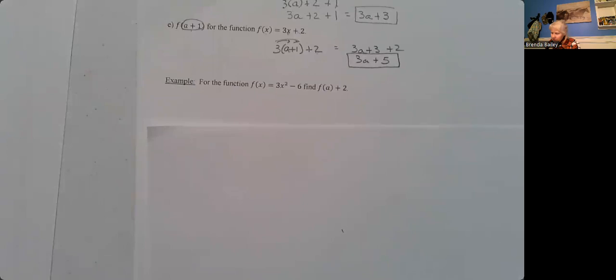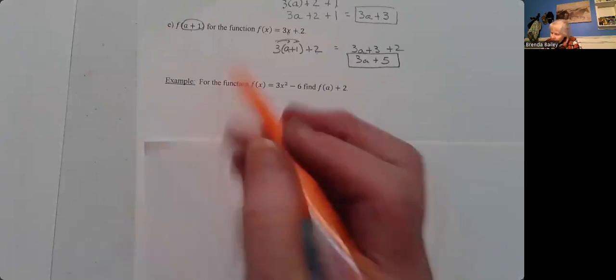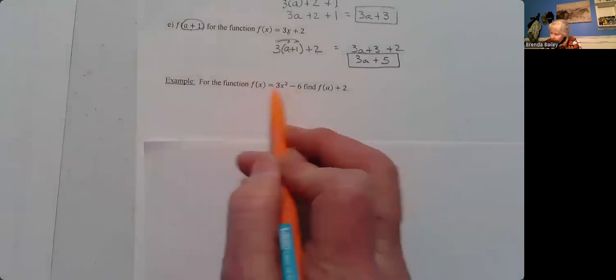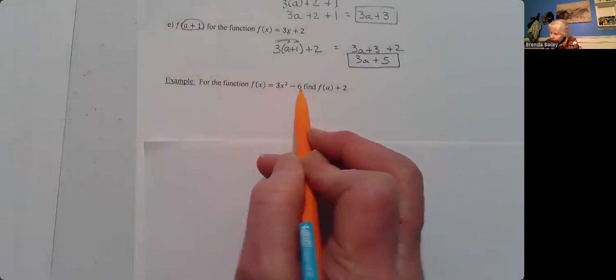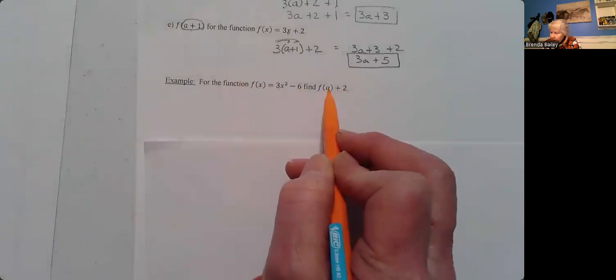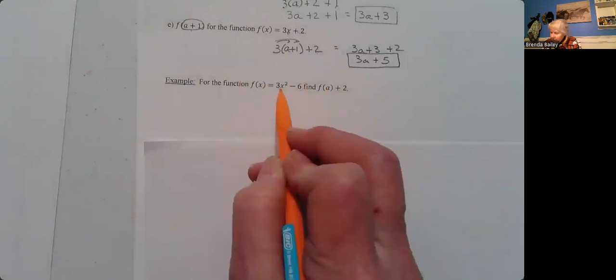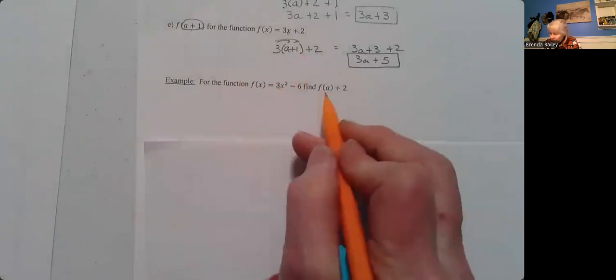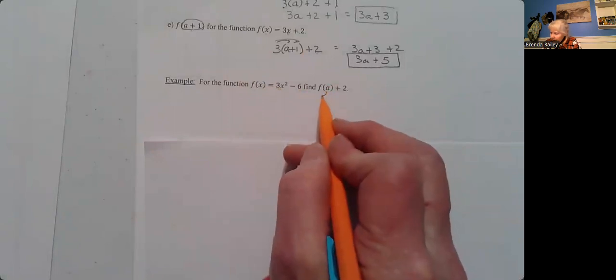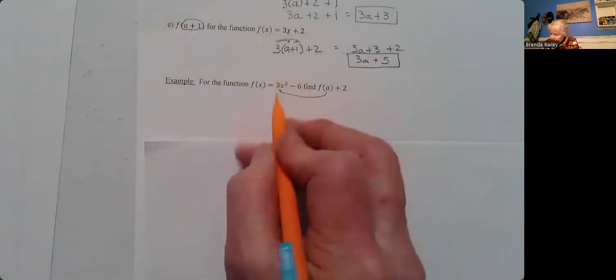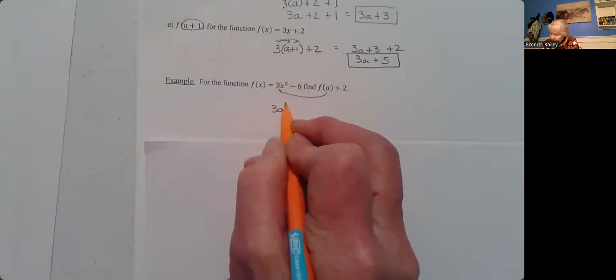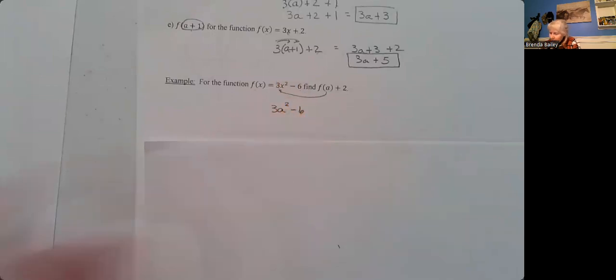Okay, this isn't too bad. Let's do another one like that. So we have our function here. We've only got x's. And instead of the x's, we're going to put an a in for the x's. So we're going to do that first. So I'm going to put an a in for this x. And that's what I get, 3a minus 6.